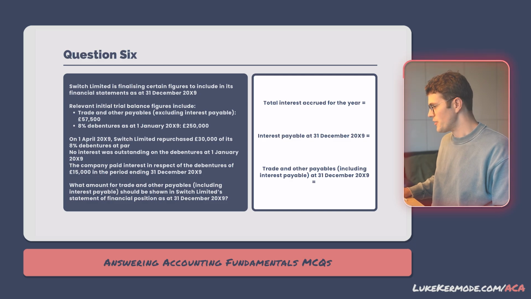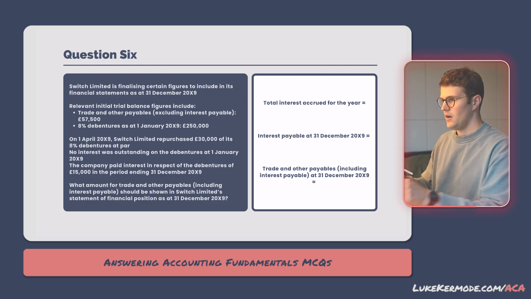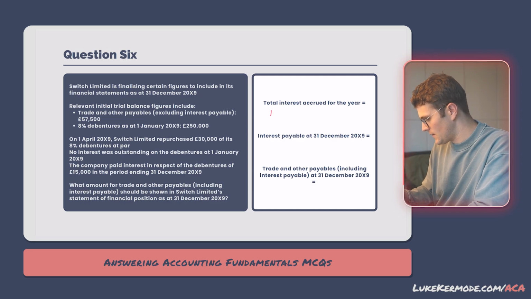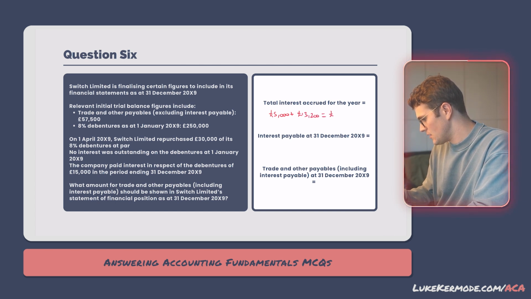So the total interest that has accrued across the entire financial year is equal to £5,000 plus £13,200 equals £18,200.